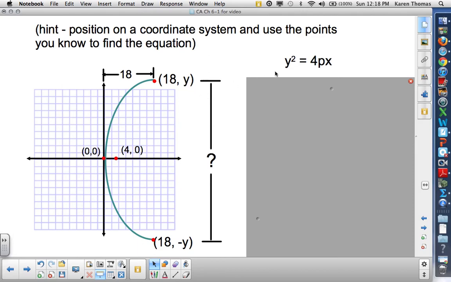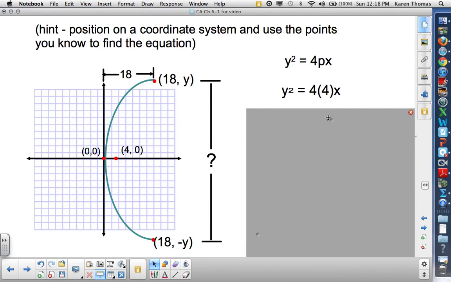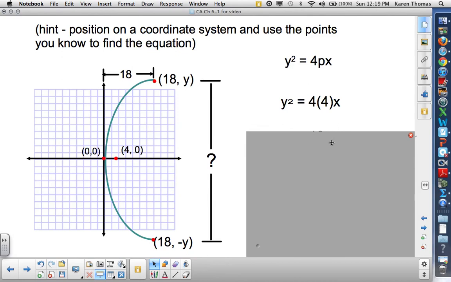It opens to the right, so I use the equation y squared equals 4px. From there, I'm going to substitute what I know. I know p and I know x. p is 4, so y squared equals 4 times 4x, or y squared equals 16x is the equation of this parabola.